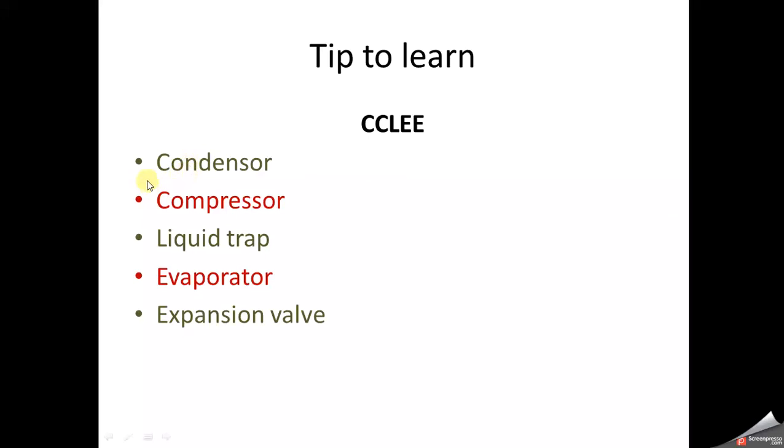So alphabetically also among these two, if you want to differentiate which one will come first, CON, then COM, right? The same way if we compare the alphabetic order of evaporator and expansion valve, evaporator will come first. So this is the sequence: condenser, compressor, liquid trap, evaporator and expansion valve, right?